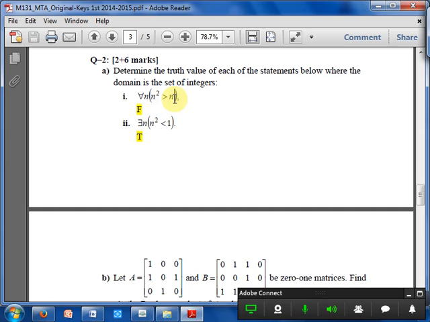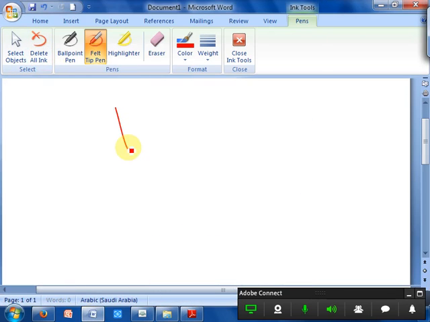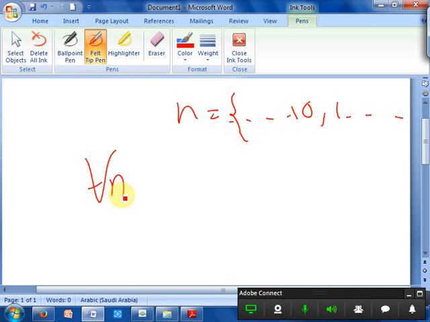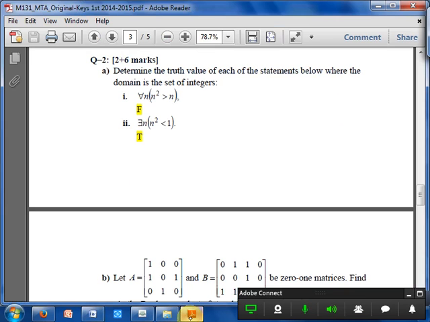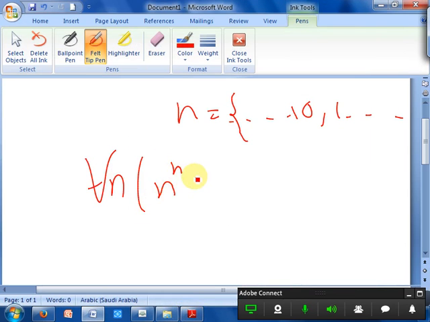For all means for all the numbers, n is integers. The domain is a set of integers, so it can be 0, 1, 2, 3 or minus 1, minus 2, 3, 4, any number. It goes infinite. For all n, it is telling that n square is greater than n.